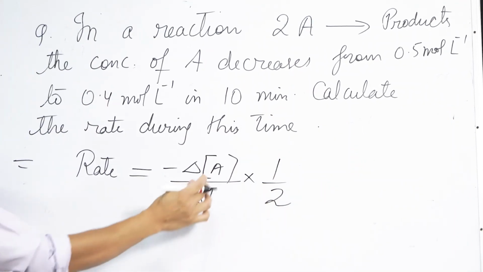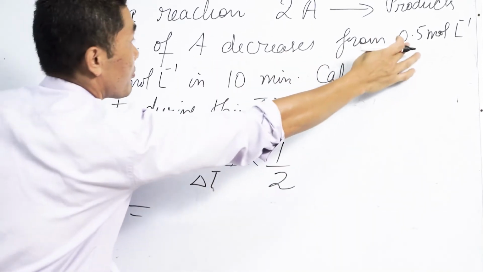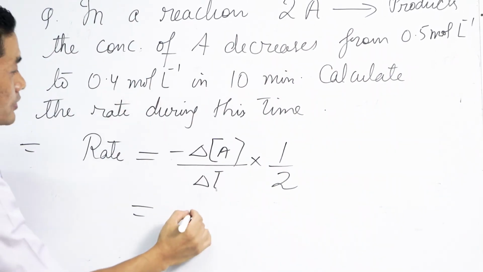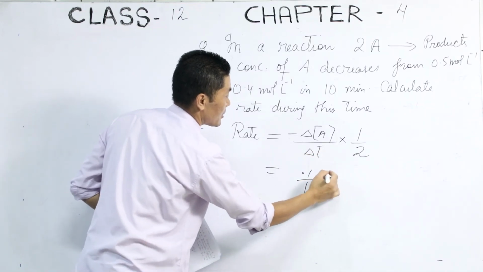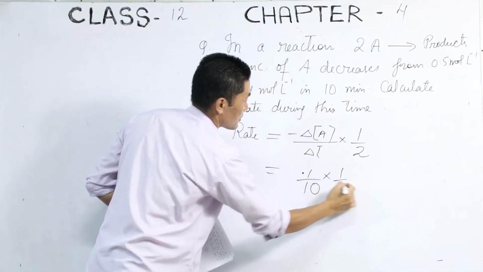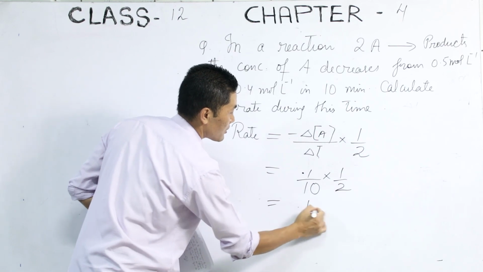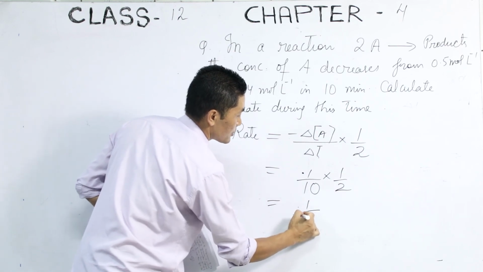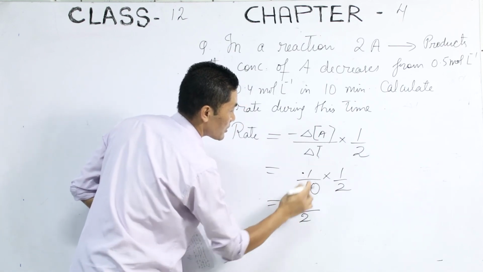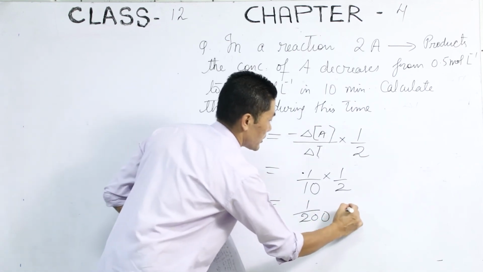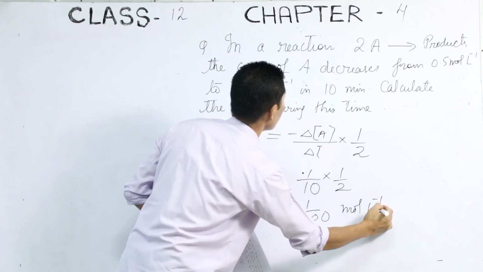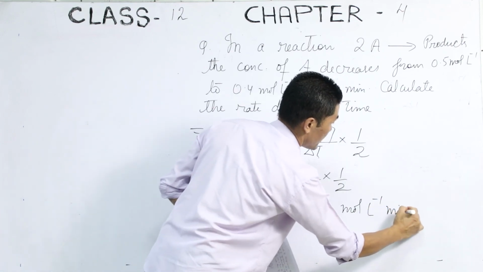So the change in concentration of A will be 0.5 minus 0.4, that is 0.1, divided by the change in time, that is 10 minutes. So we get 0.1 divided by 2, or 1 divided by 200. This will be in moles per liter per minute.